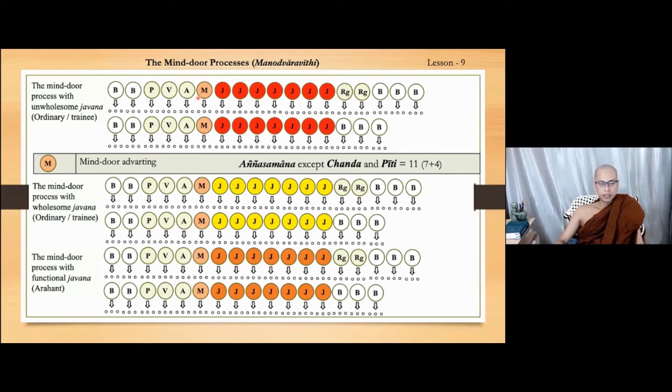The difference is the mind-door adverting, which lacks chanda and piti. So at the moment of mind-door adverting, 11 mental factors can arise, and altogether 12 mentalities can arise, and the other moments are quite easy.